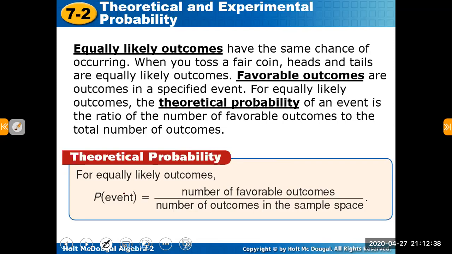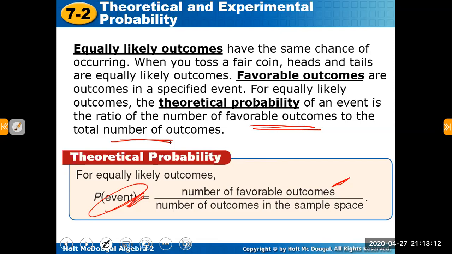Now, favorable outcomes are outcomes in a specified event. So whatever the event is, favorable outcomes means the outcomes that I want to occur in the event. For equally likely outcomes, the theoretical probability of an event is the ratio of the number of favorable outcomes to the total number of outcomes.